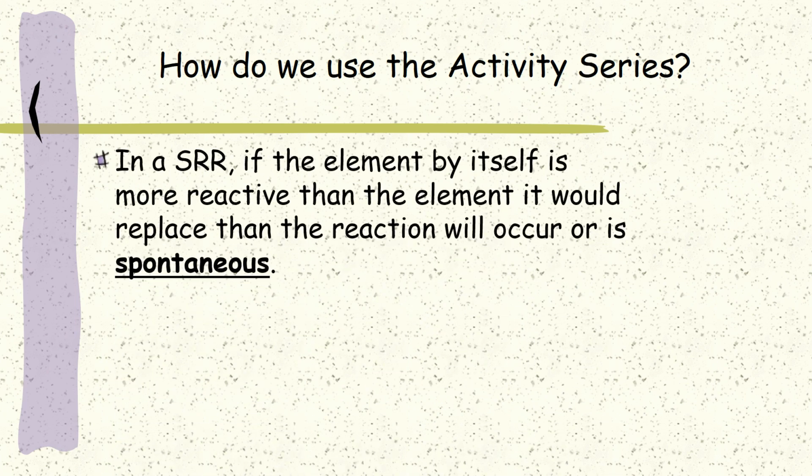So in order to determine if a single replacement reaction will occur and to be able to predict the products, we have to have something to know which element is more reactive than another element, and I cannot believe that they did not put them on here. Wait, let me see something, because I might have been looking at another reference packet.